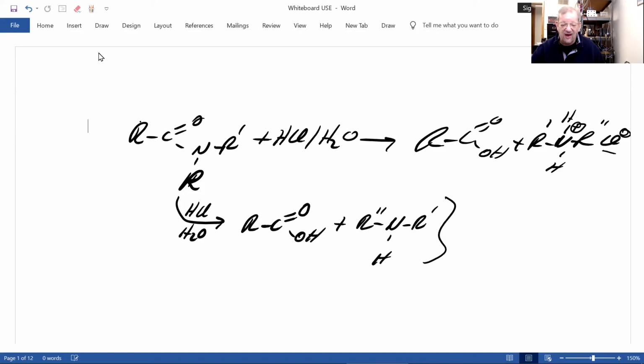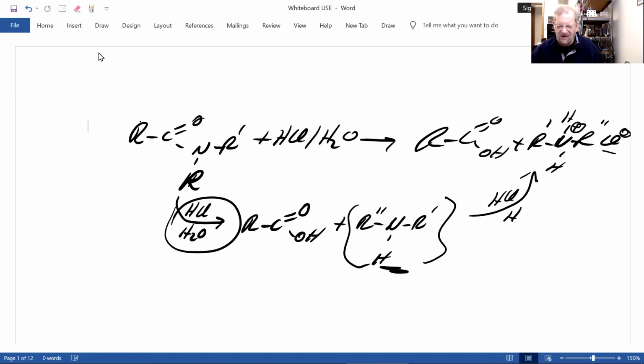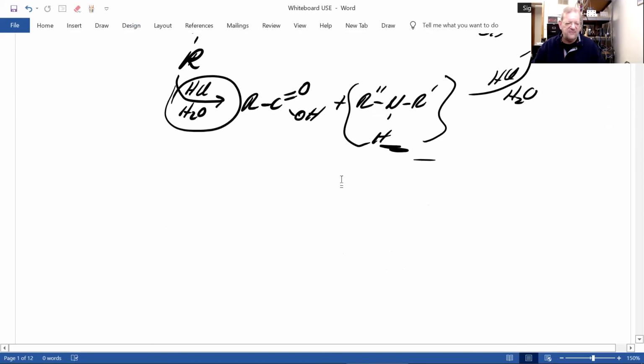Well, you can't isolate it, because amines are bases, and if I have any acid around, it will immediately react to give the amine salt. And remember, acid-base reactions are the fastest reactions in all of nature. Therefore, you're not going to get an amine. If you write it down, I'll mark it wrong. You get the amine salt.